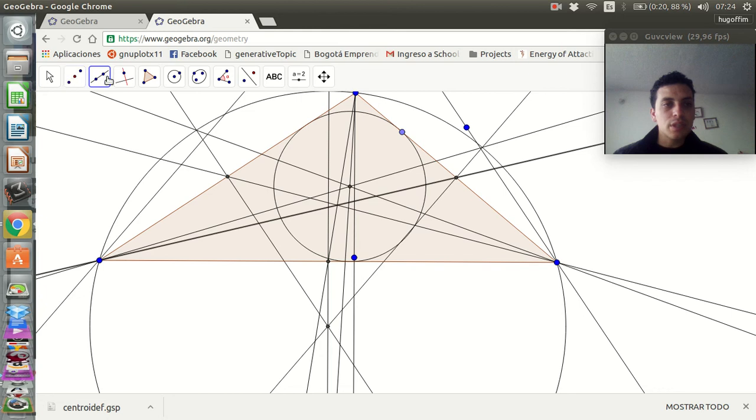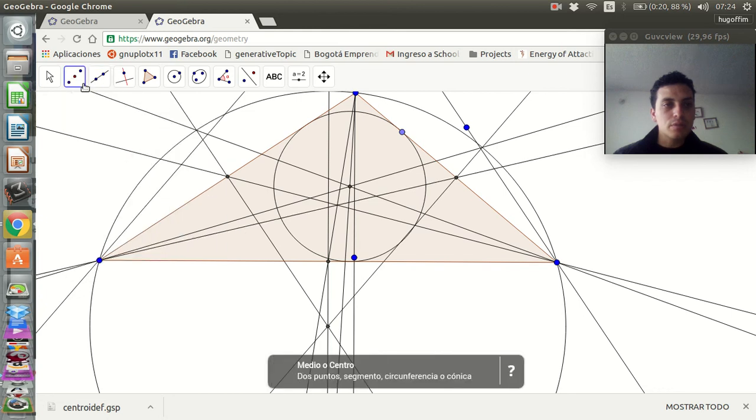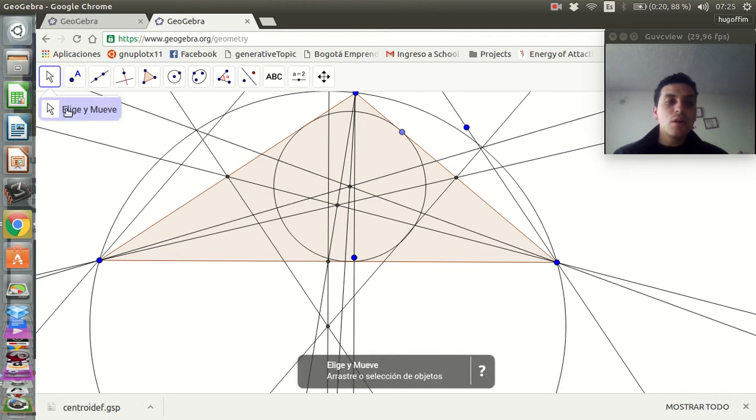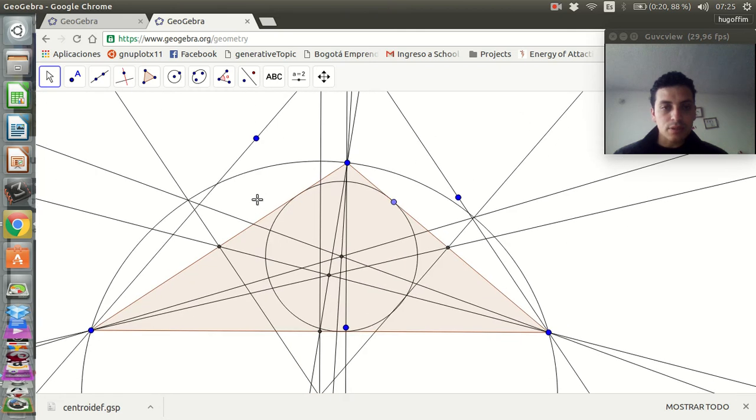So the centroid. Here is the centroid. Okay, so we have the 4 points: circumcenter, centroid, incenter, and here is the orthocenter.